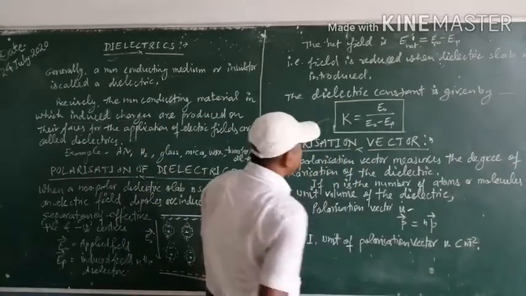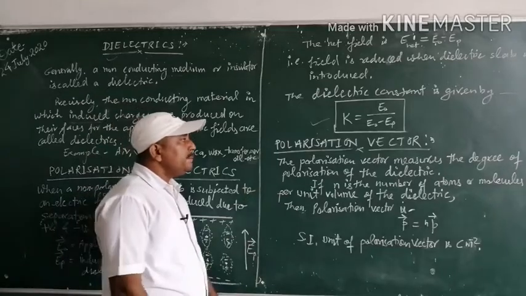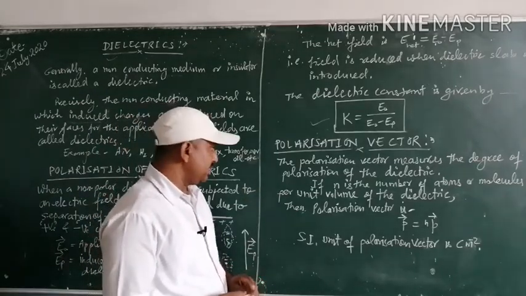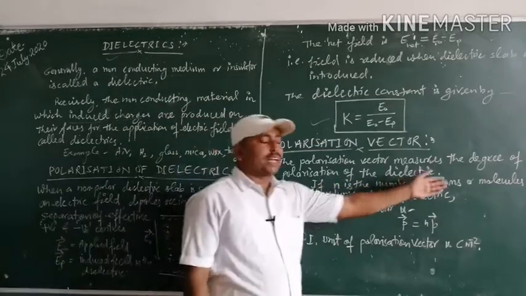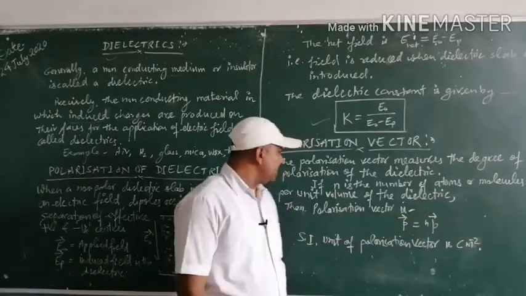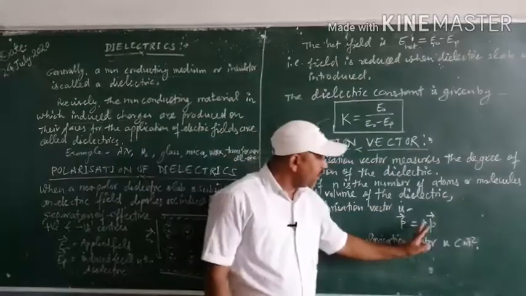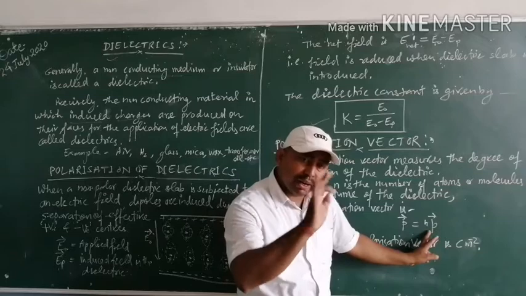Now, what is the polarization vector? The polarization vector means the degree of polarization of the dielectric. Suppose n is the number of atoms or molecules per unit volume of the dielectric, then the polarization vector can be defined as n multiplied by the electric dipole moment of one molecule.